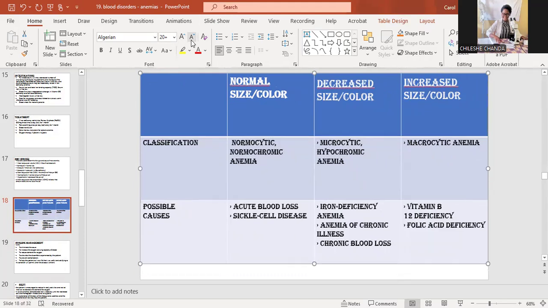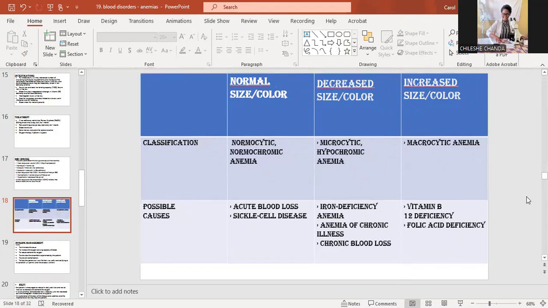So you're going to say that this anemia is caused by blood loss, okay? Blood loss may cause the patient to have normal looking cells, normal size of cells, normal colored cells.